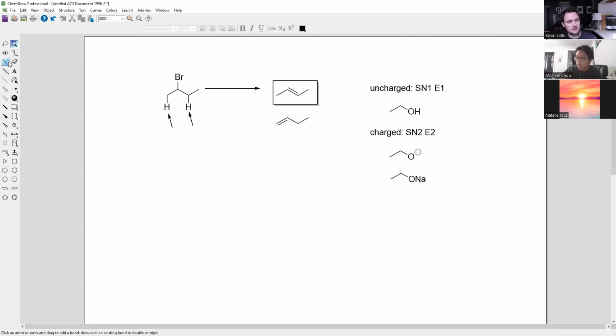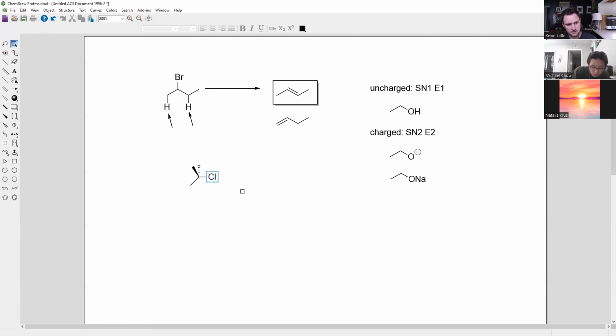The other thing we talked about is, I'm going to see if I can draw this. SN2 happens in one step, right? It's a concerted process, is what they call it. So let's draw this.